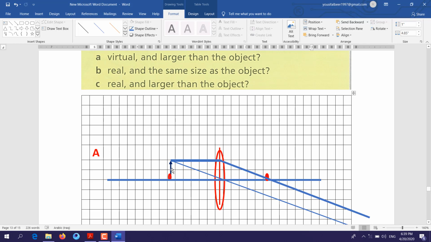Here the answer is at principal focus, and if you try to change the position again, wherever the object is, from the principal focus toward the lens, in any position in this area, you will get an image that is virtual and larger than the object.